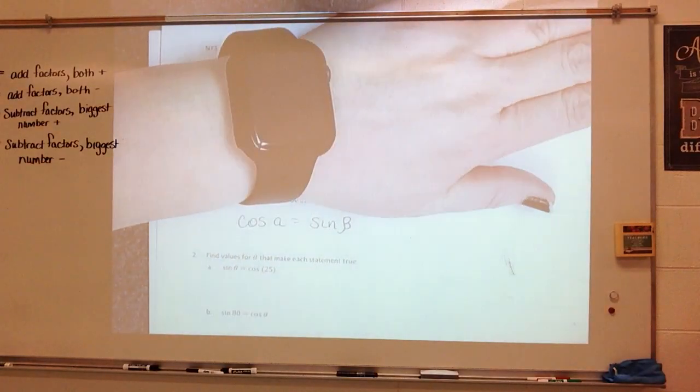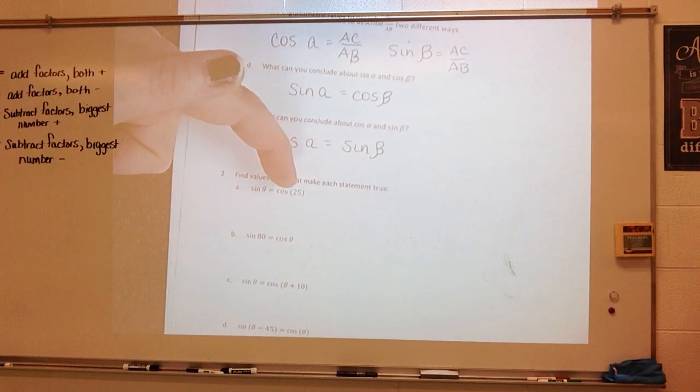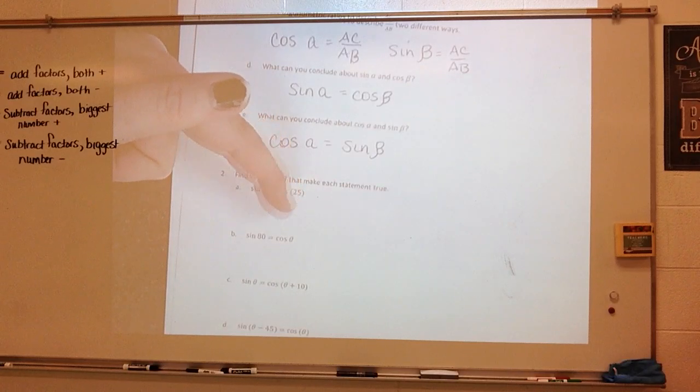Find the values for the angle that make each statement true. So I want to know the sine of my angle if the cosine is 25. Well, guys, what do we know?